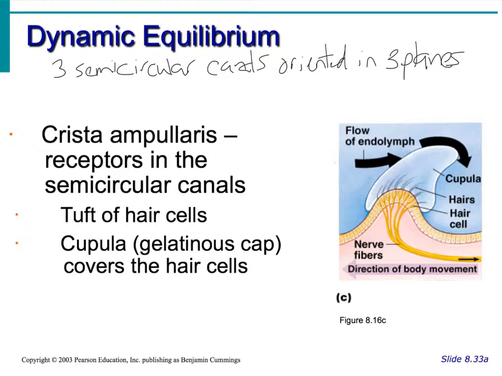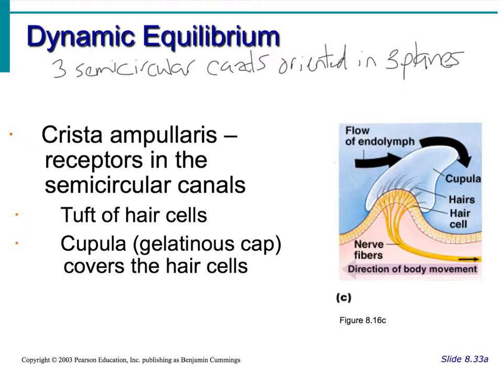These response receptors are called crista ampullaris. That's these things here, crista ampullaris, and they're located kind of at the entrances to the semicircular canals. You already labeled one of them. That's figures A and B at the bottom of your page there. So that's a picture of the crista ampullaris.